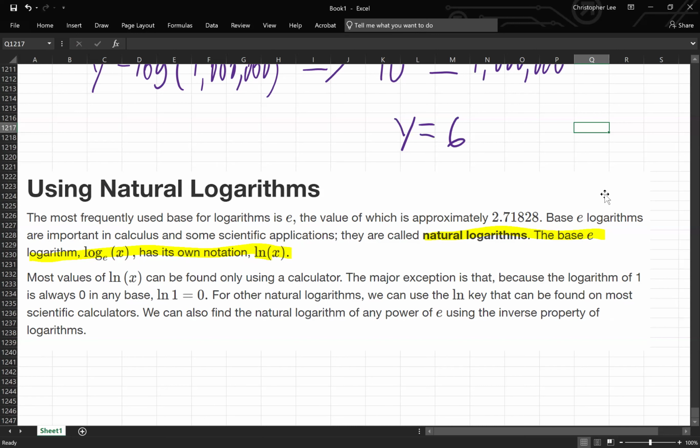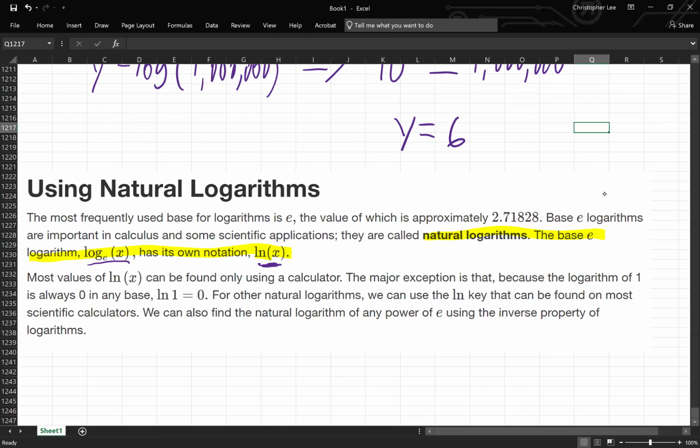The base e logarithm, log base e of x, has its own notation, ln of x. So when you see ln of x, that means log base e of x. It stands for natural logarithm.